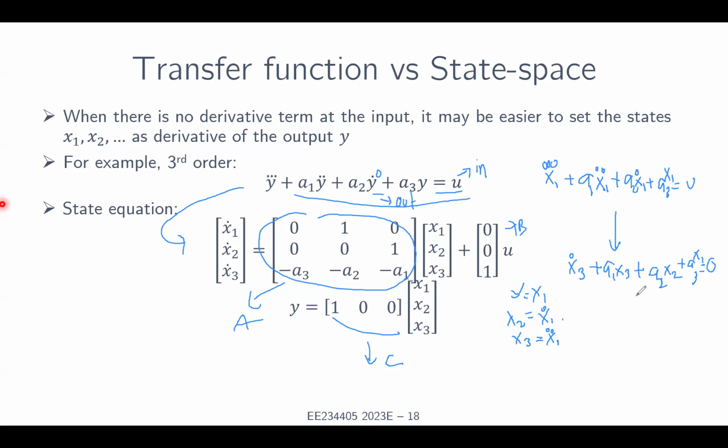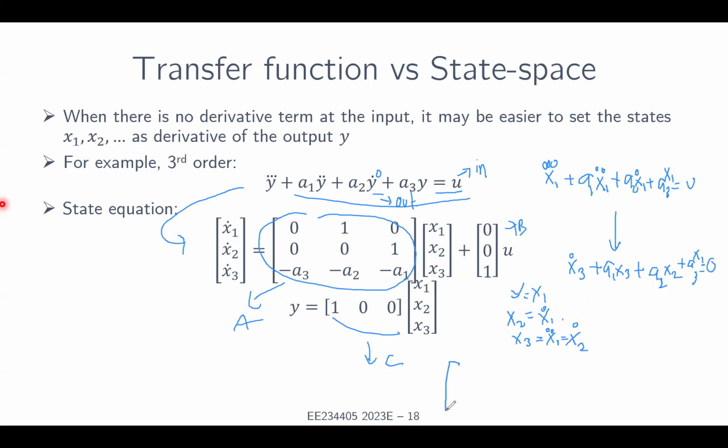And then we get this equation, right? We put this into a matrix form. So what we know is that x1 dot is x2, and since x1 dot is x2, then x1 double dot is x2 dot, which is x3.